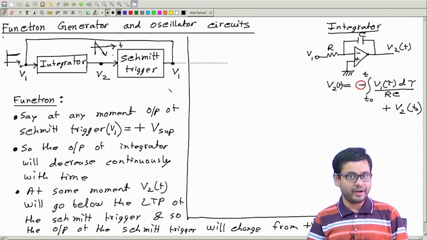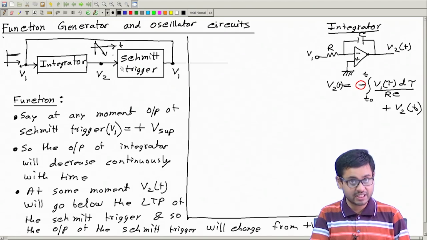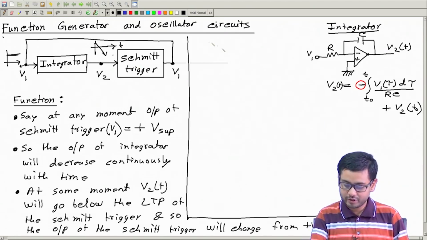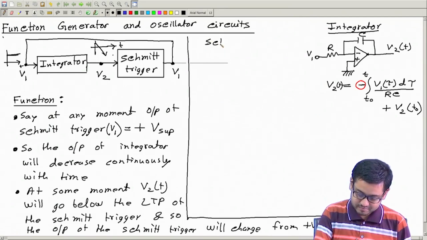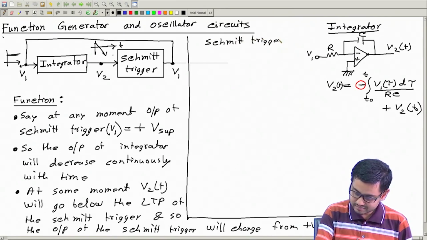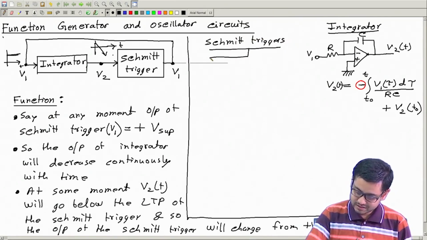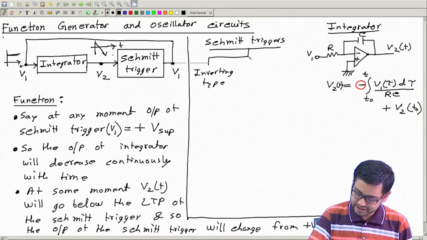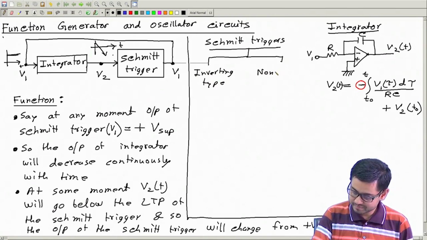So, can you recognize which type of Smith trigger we need? Because Smith triggers, we have two types. One is inverting type, another is non-inverting type.